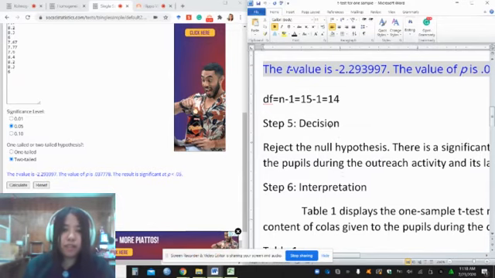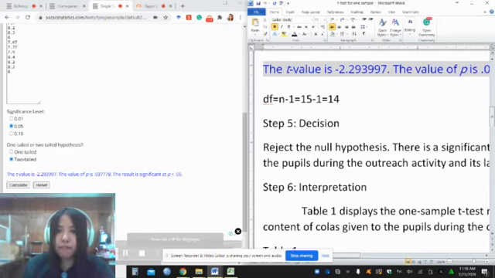This is very important if you are using manual computation, because the table usually placed at the back of the book, wherein you have to consider the critical values that will be compared with the t-value, needs a value of degree of freedom. So let us just report that even if you're going to use an online calculator.